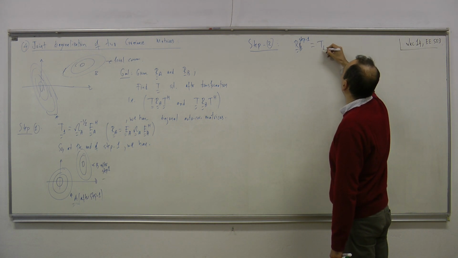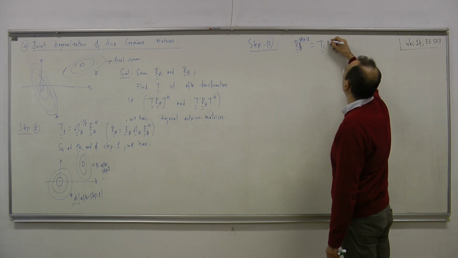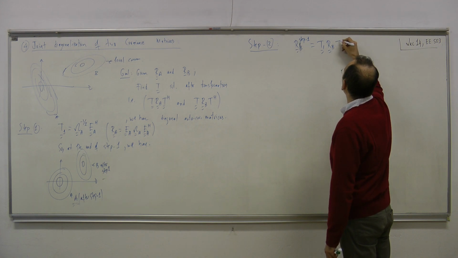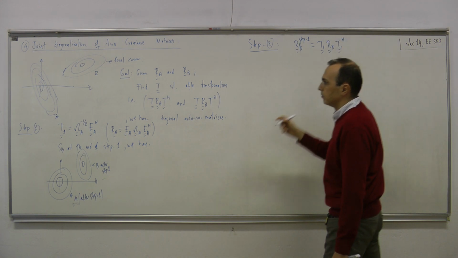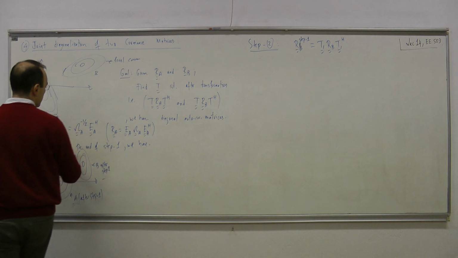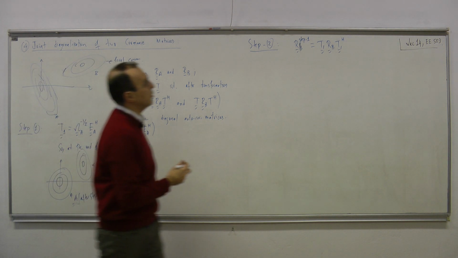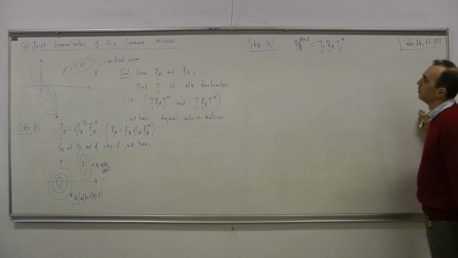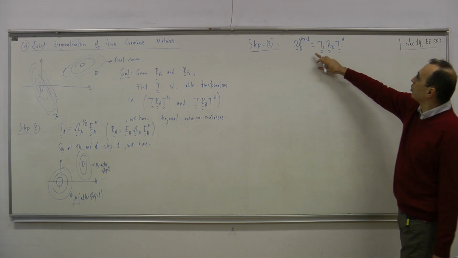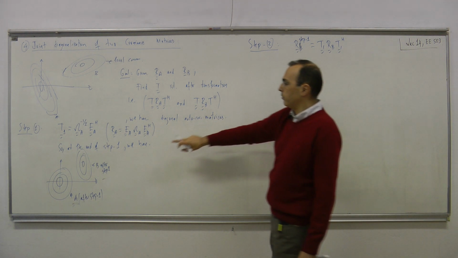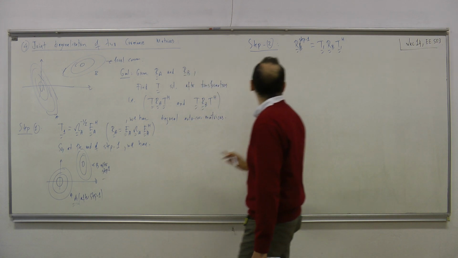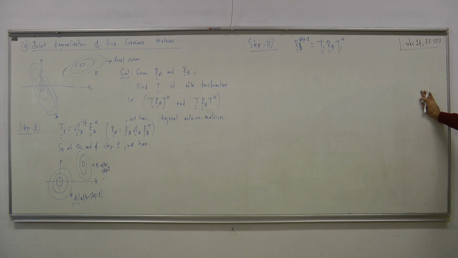So this is T1 RB T1 Hermitian. So this is this matrix. If the B vector is mapped with T1, okay, then this is the autocorrelation matrix after step number 1 with level curves like that.